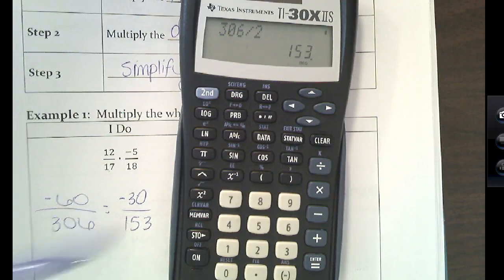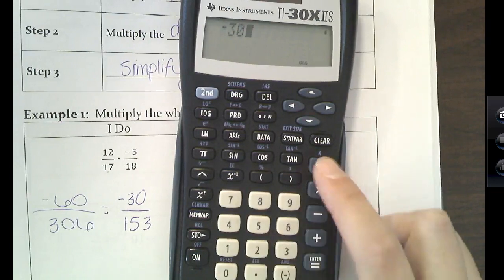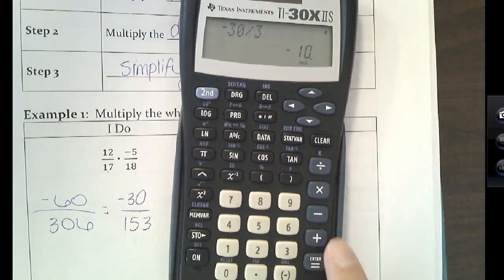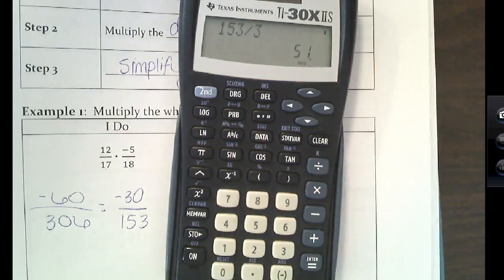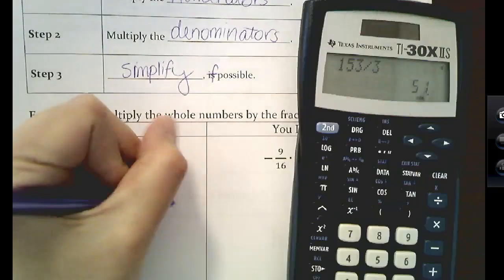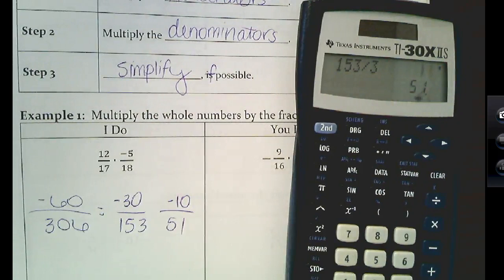So that doesn't work. So now we need to know, can we keep simplifying? What do you think we should divide by now? Let's try 3. Because we could do -30 divided by 3. And we get -10. Now let's try 153 divided by 3. And I'm getting 51. So I get -10 over 51.